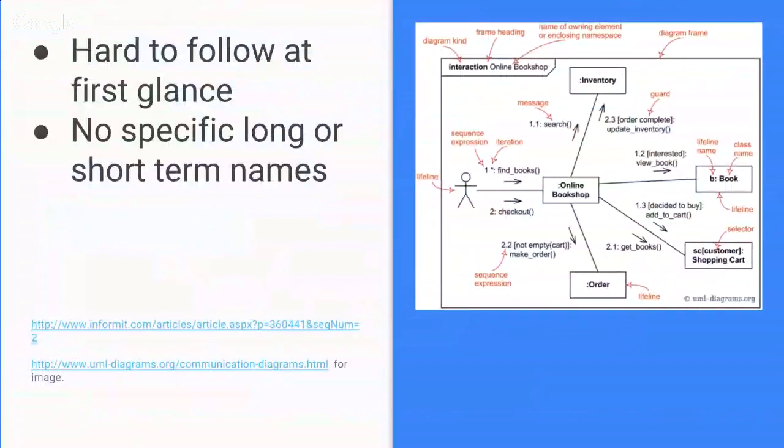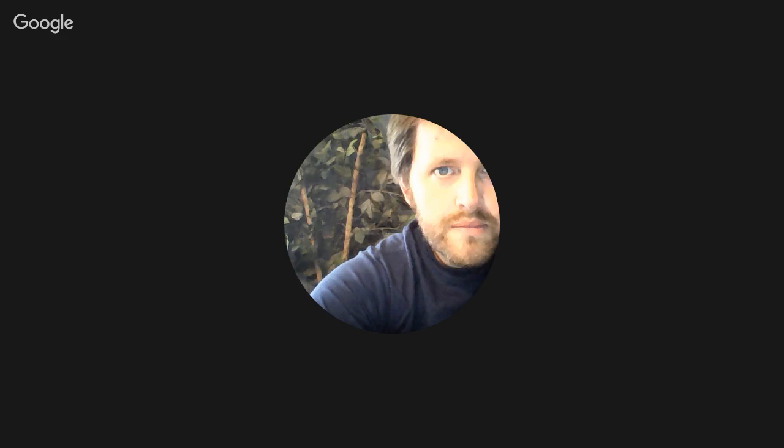So the downside of communication diagrams is that they can be hard to follow at first glance. Due to the nature of the boxes not having to be placed in any specific order, you really have to focus, and this is imperative, on reading the sequential numbers that are attached to the messages and what's being communicated.